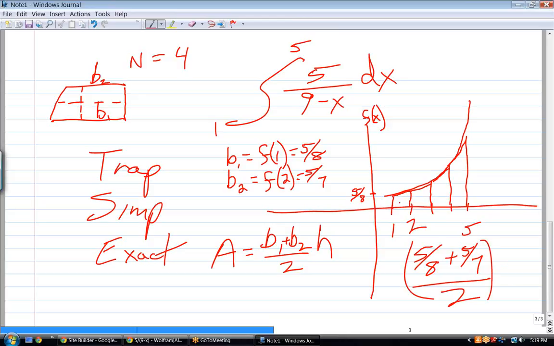No, notice that it's on its side. So to get the height, you have to go horizontally. 1. Yeah. So that's the area of the first trapezoid.